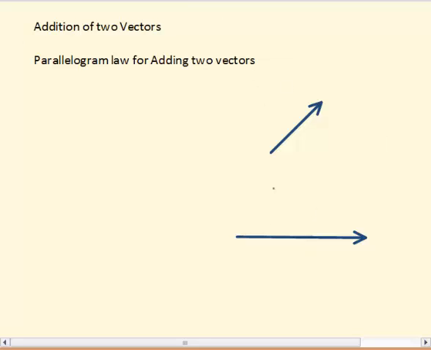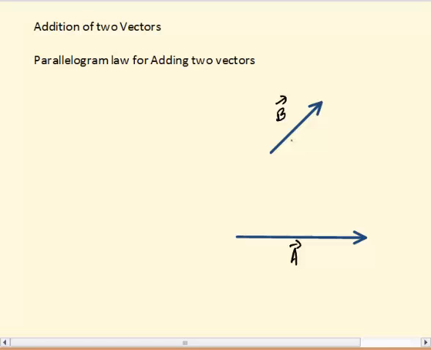Let's label them. We call this A vector, and we call this B vector. So they are well defined, so the angle between them is also well defined. You know how to find the angle between two vectors. I have to move B or A parallel to itself and join their tails and pick the smaller of the two angles.